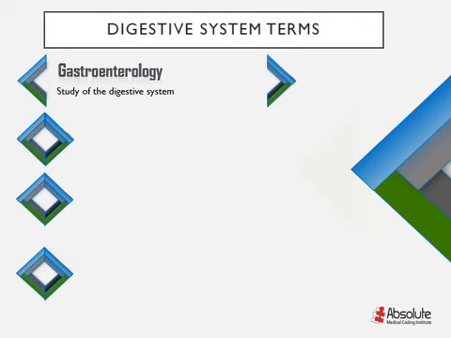So if you work backwards, ology, the study of, enter, the small intestine, gastro, the stomach, which comprise the main areas of the digestive system. Gastroenterology is the study of the digestive system. That's a helpful thing, but it's important to really get those medical terms down. It'll help you, especially when you're trying to decipher some of the procedures and some of the diagnosis.